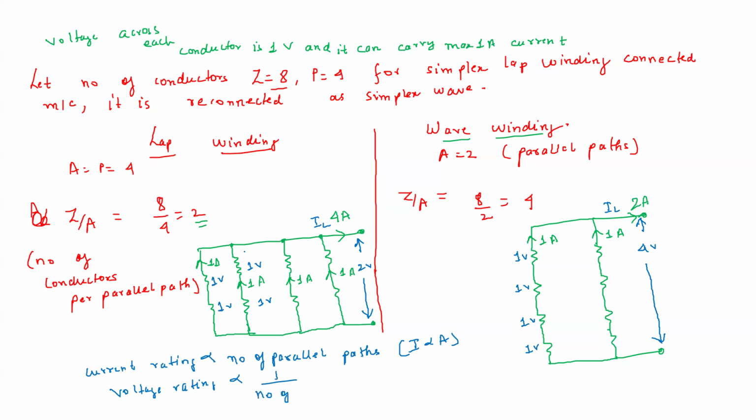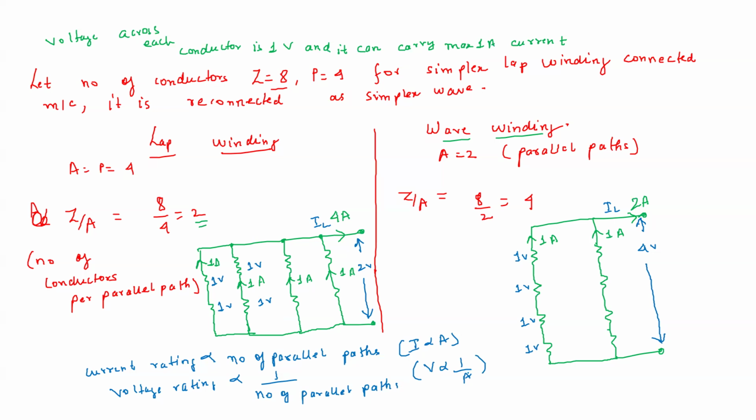We can see that in the case of the lap winding, the parallel paths increase, so the voltage rating became 2 volt. But here the parallel paths are 2 only, so there is more voltage. So it is inversely proportional to number of parallel paths.